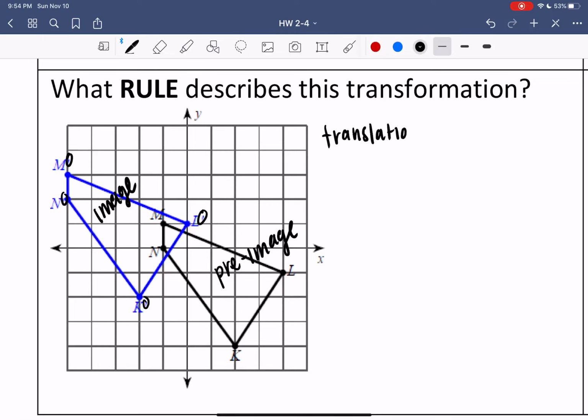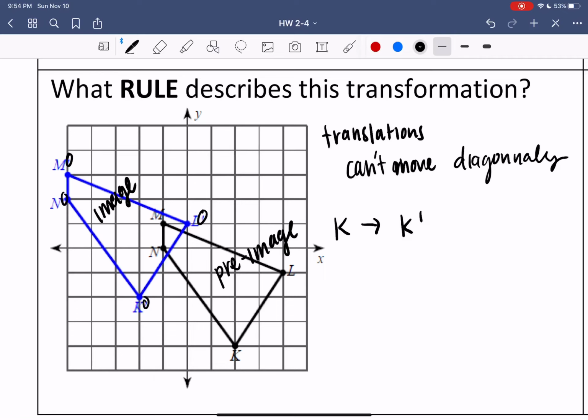since translations can only happen, or can't move diagonally. We have to make sure we're counting from each letter to its prime.